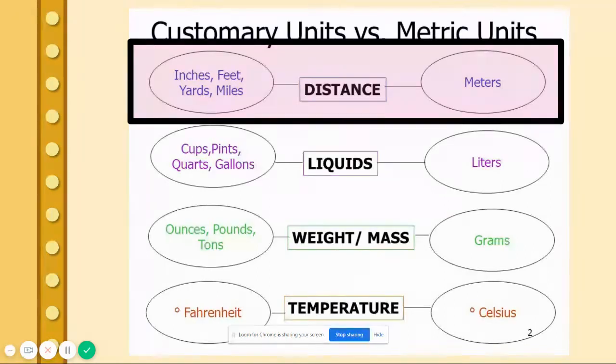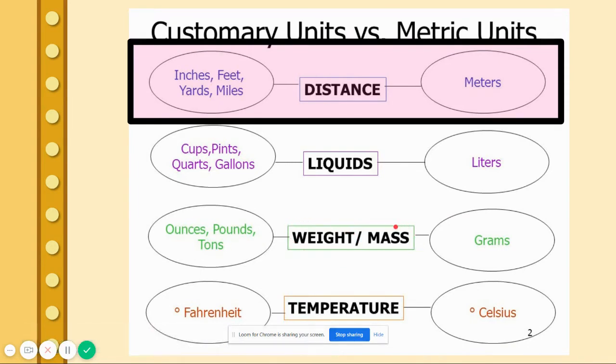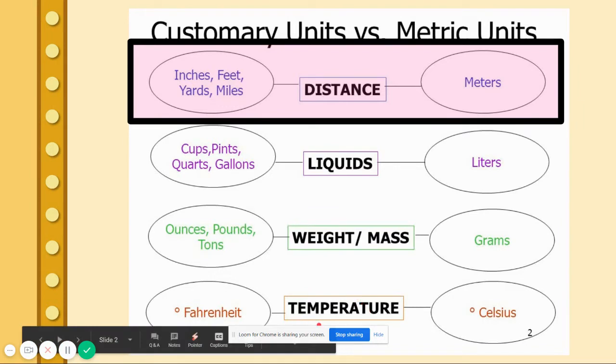So we're looking at liquids that we can measure. We can also measure weight. We can see what is the weight of an object as well as how much mass it takes up. And we can measure temperature, the hot or the coldness of something.